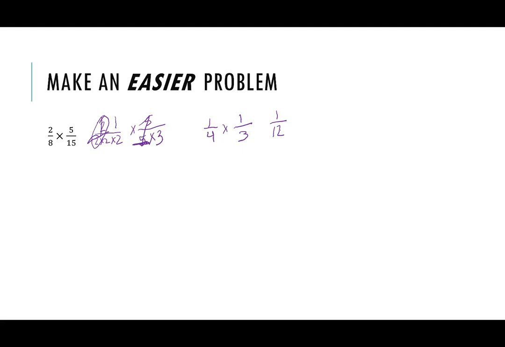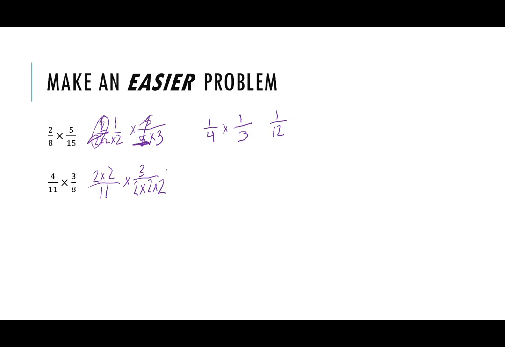Now this crossing out or canceling things doesn't have to be within the same fraction if you're just multiplying everything anyway. So again, this 4 in the second problem here, we can break down to 2 times 2. 11 doesn't break down. Same with the 3. And we already know from the first problem that 8 breaks down into 3 2s.